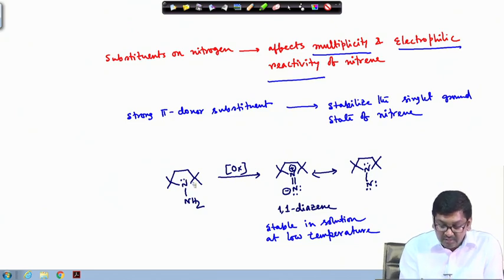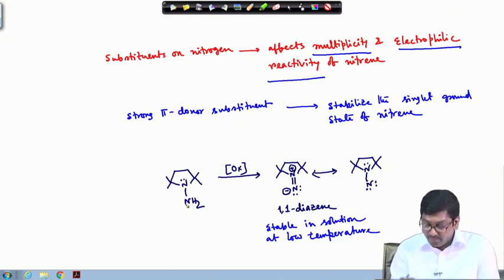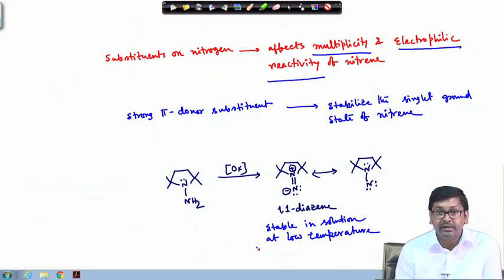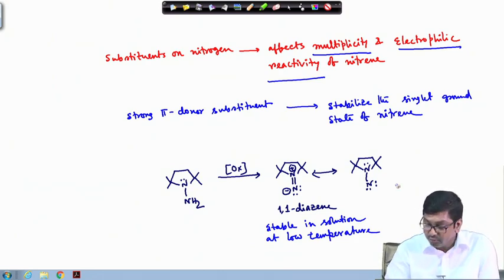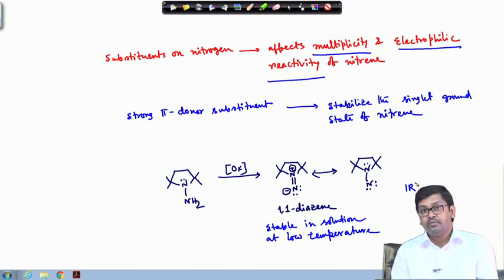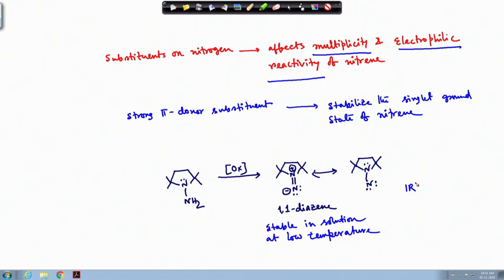This nitrogen here is the substituent that is actually stabilizing this unstable reactive intermediate nitrene. Okay. And in principle these species could be visualized through IR spectroscopy. Through this spectroscopy we can visualize whether some organic molecules have formed or not, or from the stretching frequency of a particular bond, we can understand whether that functional group is present or not.